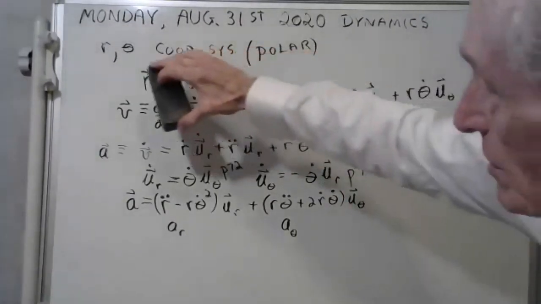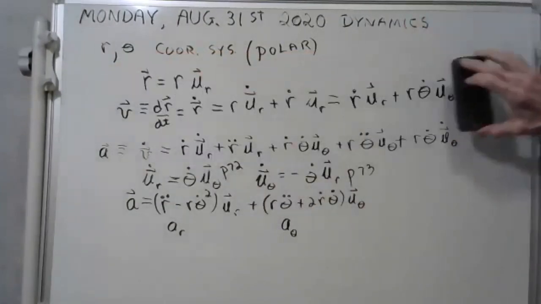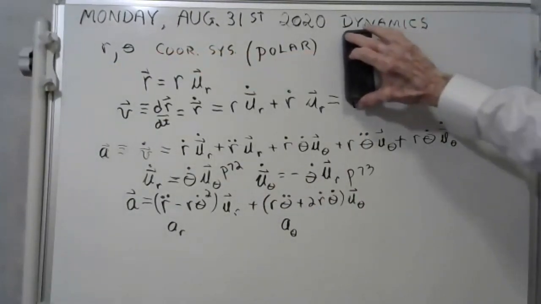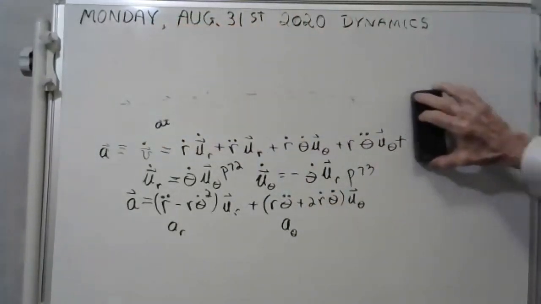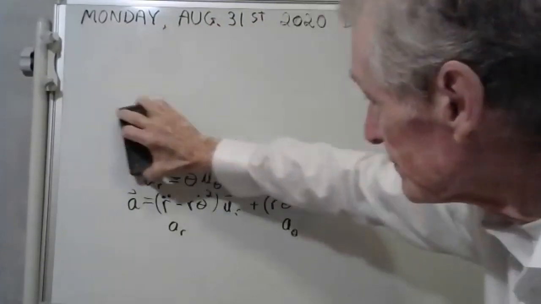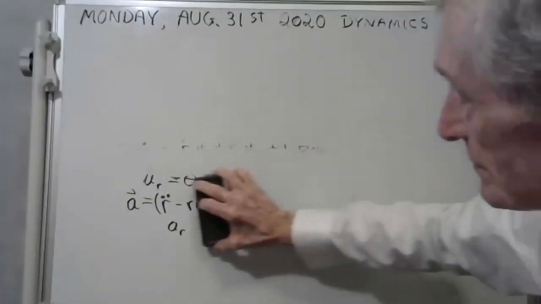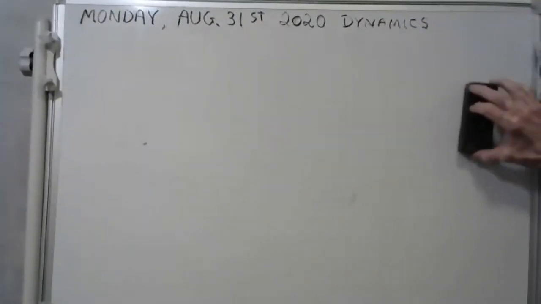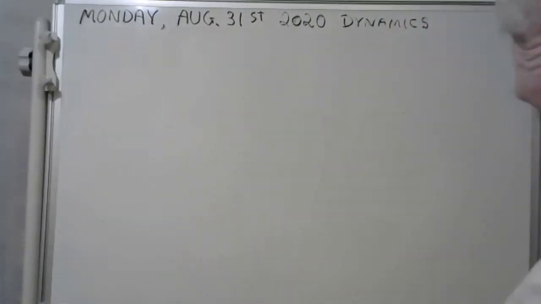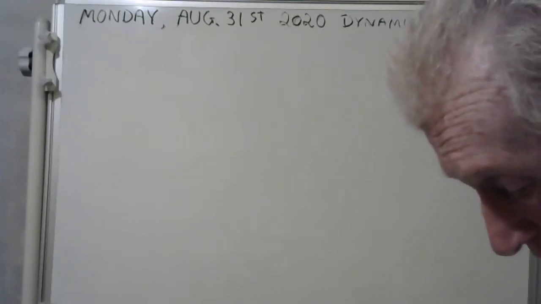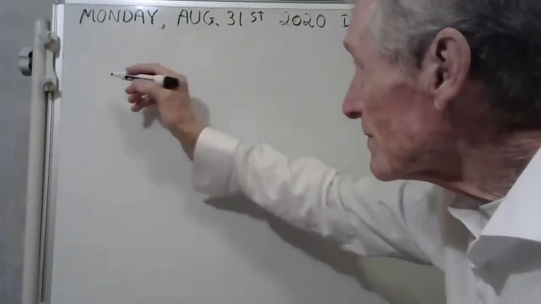We're studying the radial transverse coordinate system, which you know as the polar coordinates. And I'm going to help you with problem 12-189.